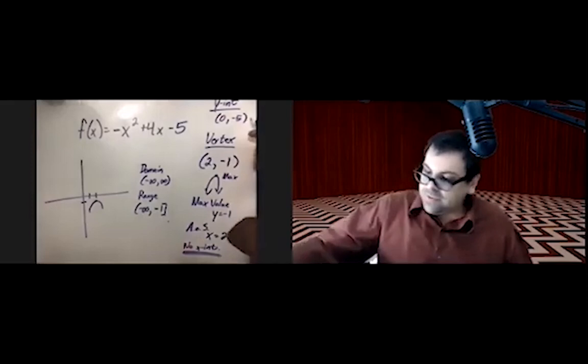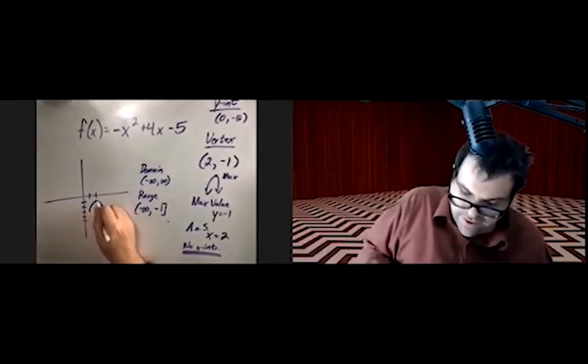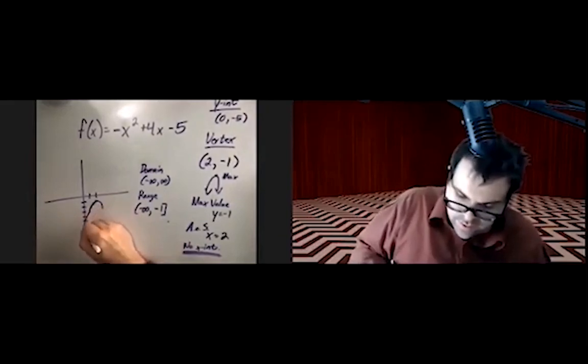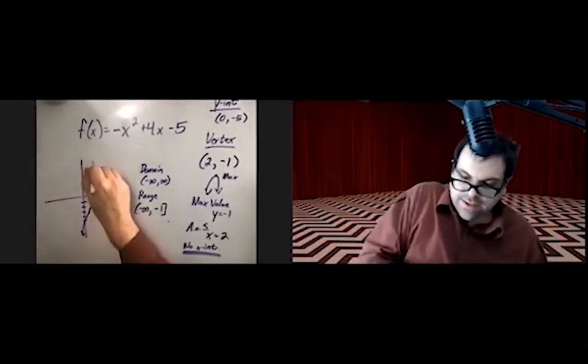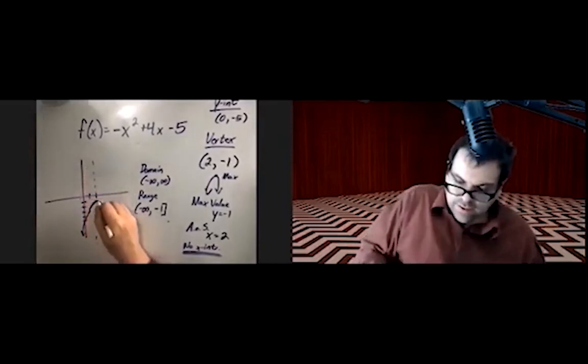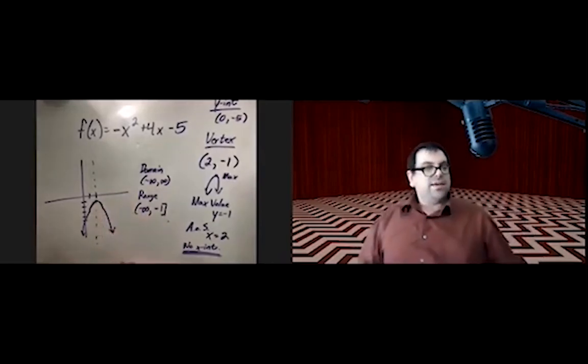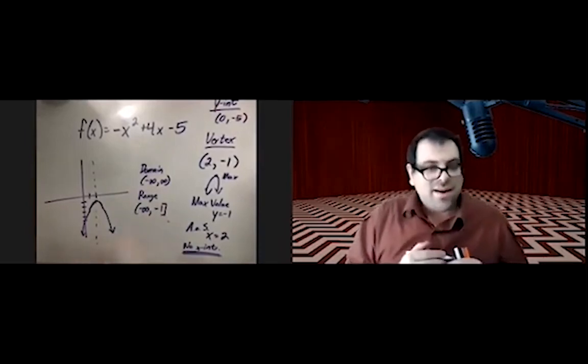But we have a y-intercept of (0, -5). And since this is an axis of symmetry, it would kind of look like that on the other side. That might be the most accurate symmetrical drawing that I've drawn today.